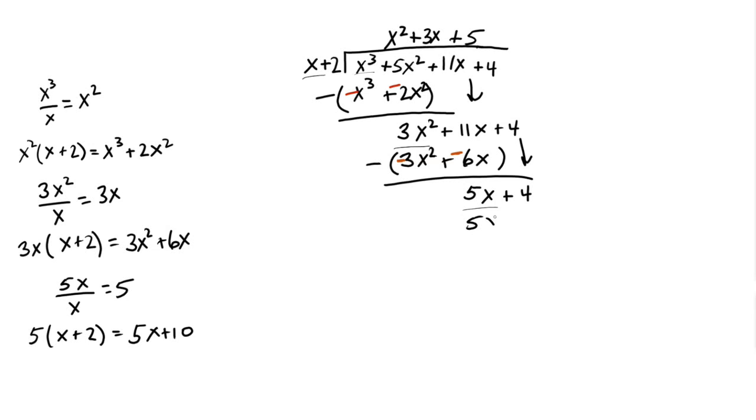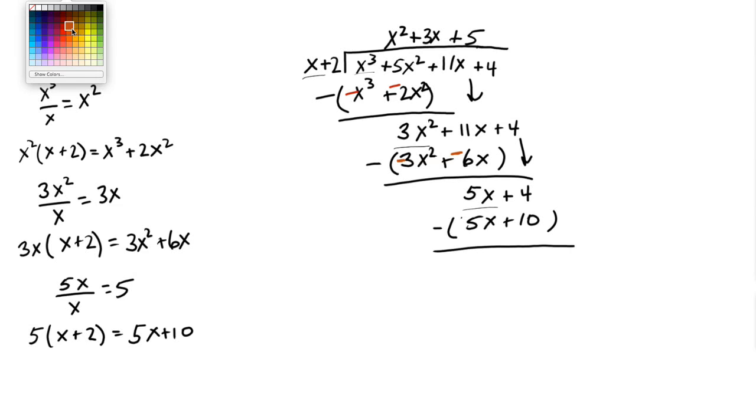Again, that gets subtracted. So again, I've got the sign change. That becomes minus. That becomes minus. So I subtract now: 5x minus 5x is 0. 4 minus 10 is minus 6.